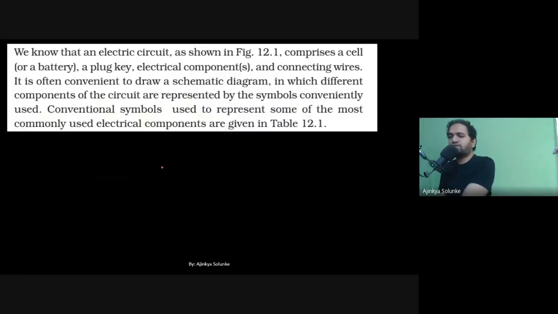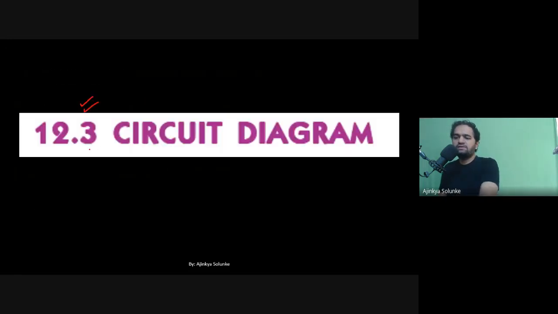Can you please write down, behind that 12.3, or above or below, why do we have symbols? The first reason is it saves time. We don't need to go into the details each time.